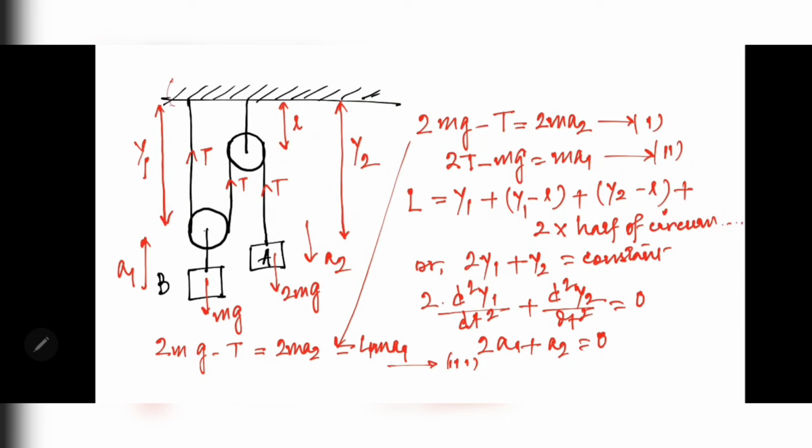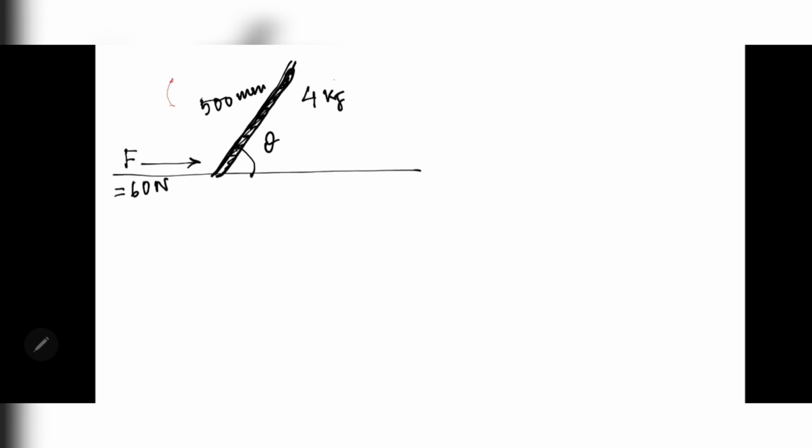Now on solving equation 2 and equation 3, we get A1 equals g by 3 and A2 equals 2a1, that is 2g by 3. That means acceleration of body A equals 2g by 3.